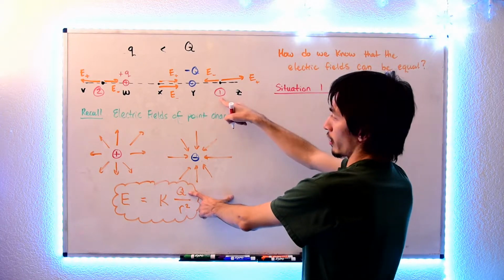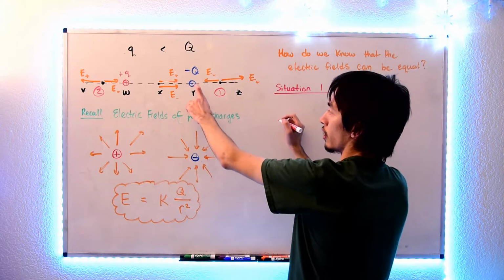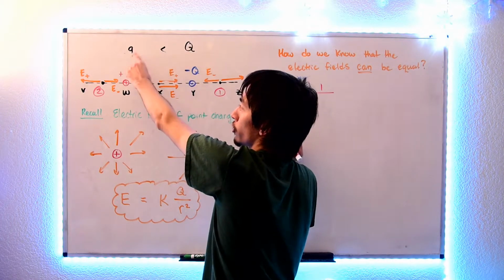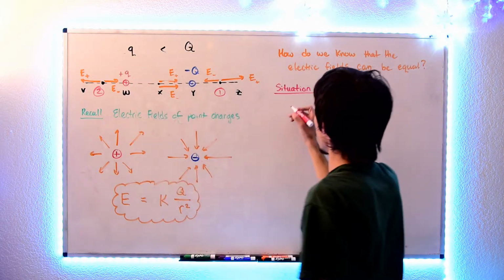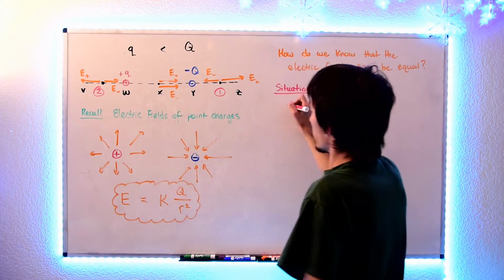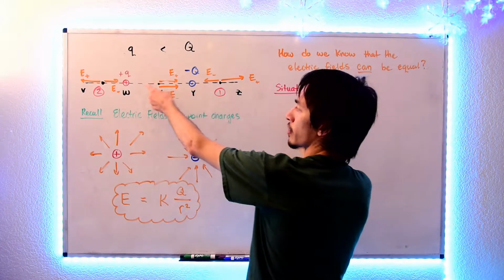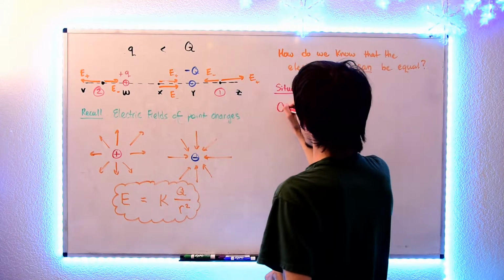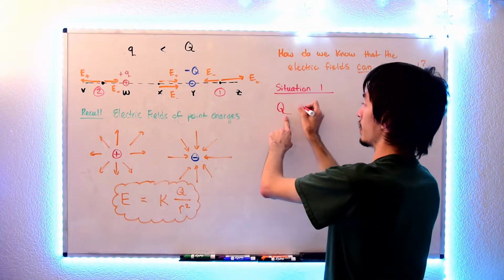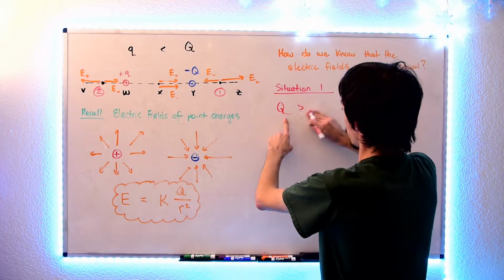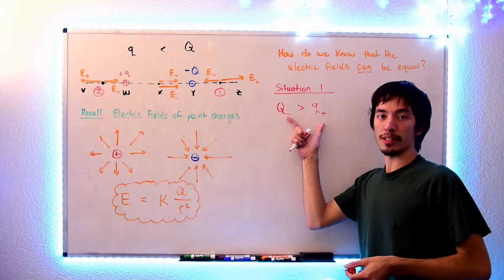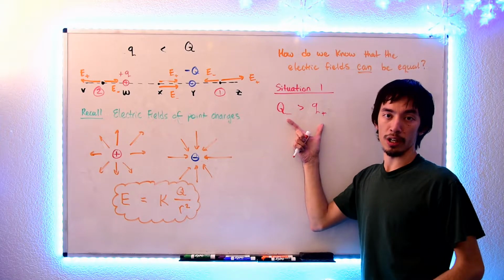In situation 1, we have that the charge capital Q is larger than the charge lowercase q. Okay, so we can say, let's call it actually minus and plus. So how about q minus, like that, is larger than q plus. Okay, so we have a statement that says one charge is larger of the two.